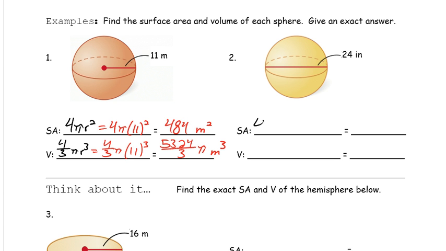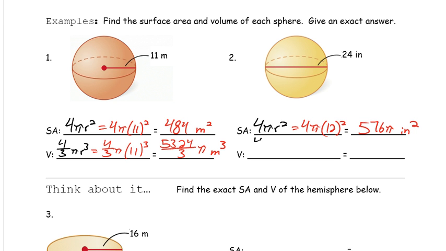Second one, 4 pi r squared. 4 pi times, careful, radius is 12 squared. So that would be 144 times 4, or 576 pi inches squared. It's surface area. How much can you touch on the surface of the ball or sphere?